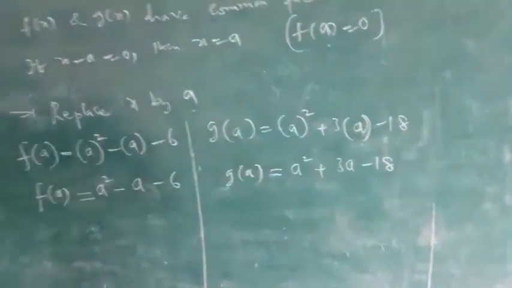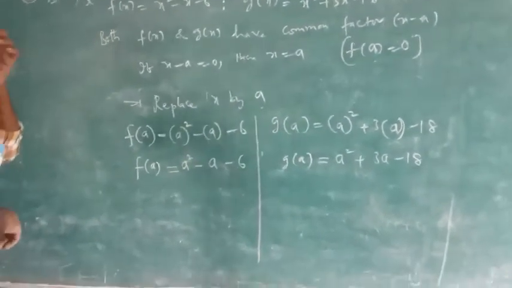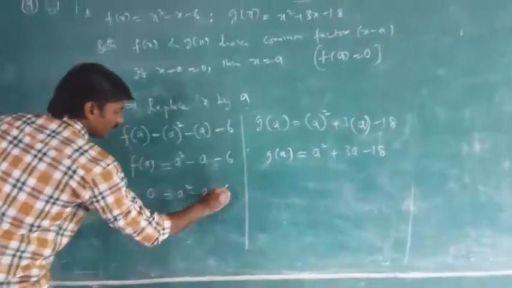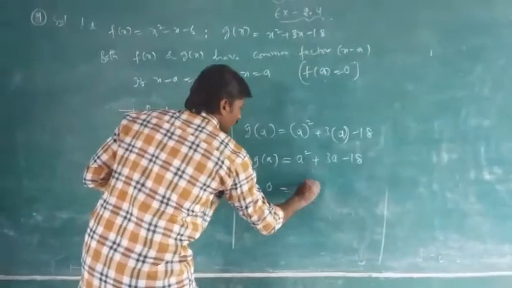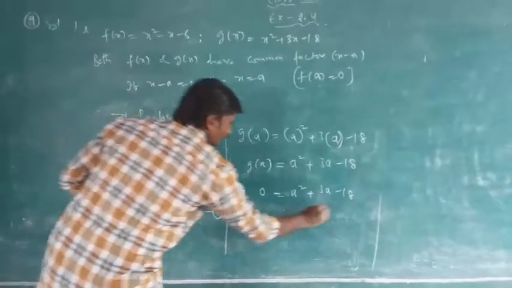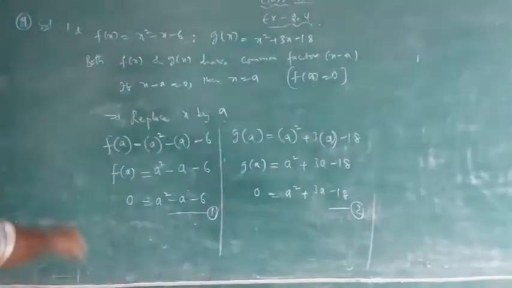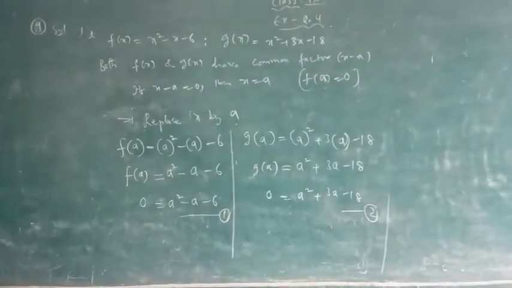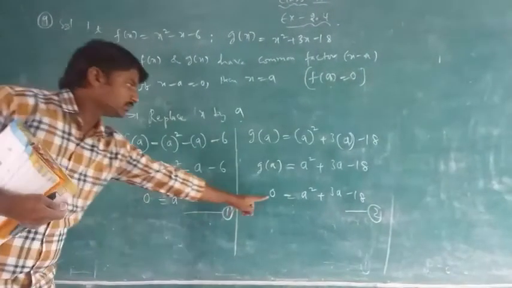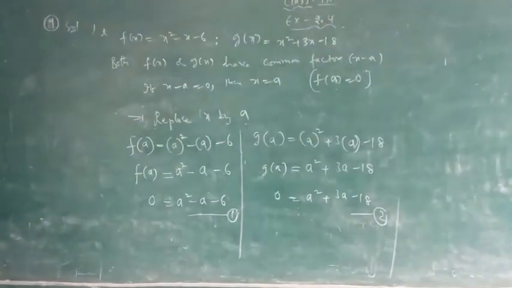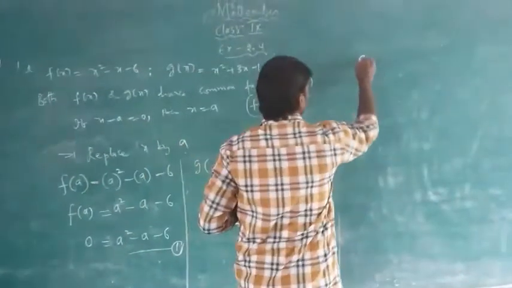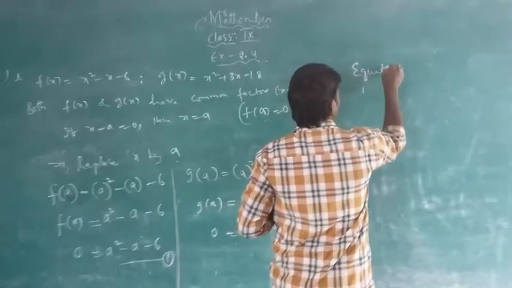He is saying that both have common factors, so f of a is 0: a square minus a minus 6 is 0. This is also 0: a square plus 3a minus 18. Equation number 1, equation number 2. Don't get confused, children. Now the left hand sides of both equations are equal, so make the right hand sides equal, that is, equating equations 1 and 2.